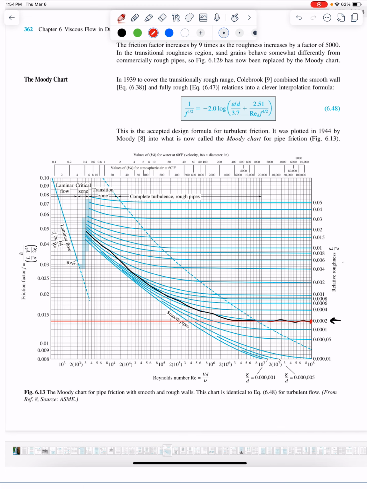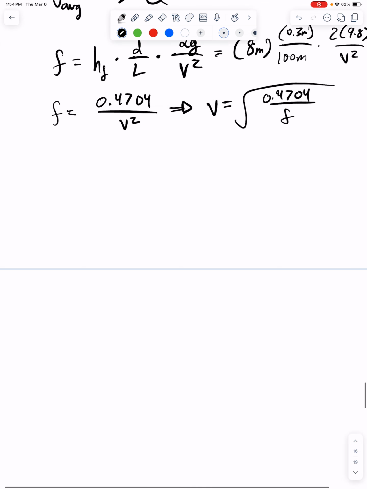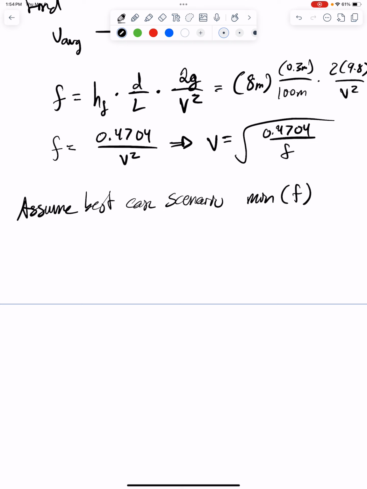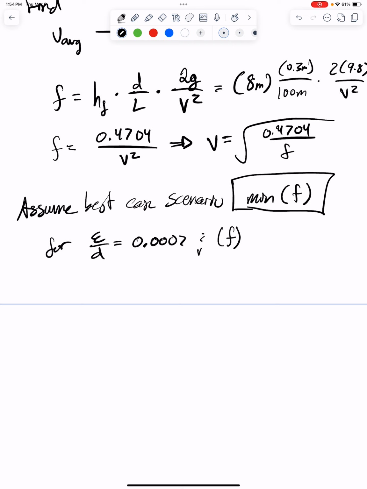So what we're going to do to solve this problem is assume the best case scenario, which means you minimize the F value. For a relative roughness of this value, the best case is equal to 0.014. That's the lowest friction factor you can get for this roughness.